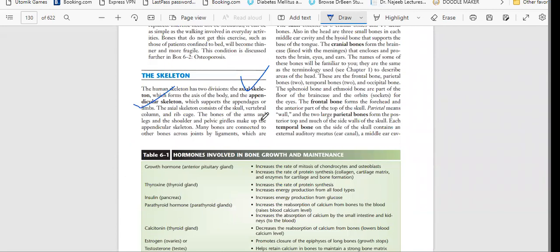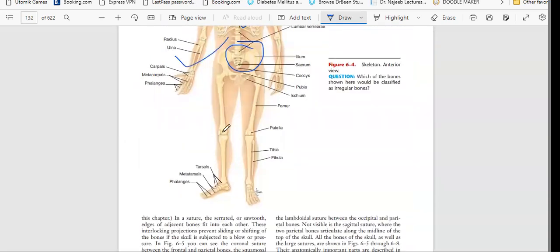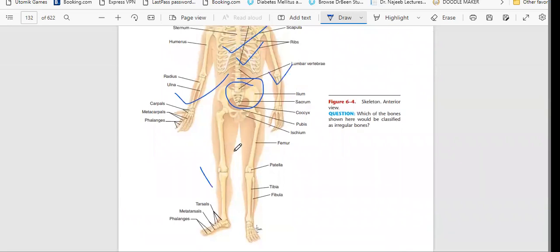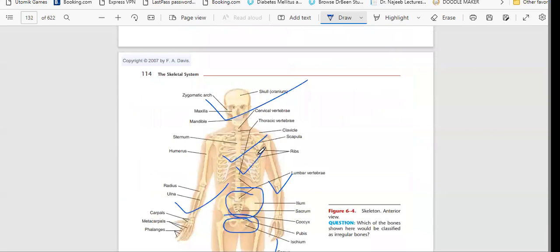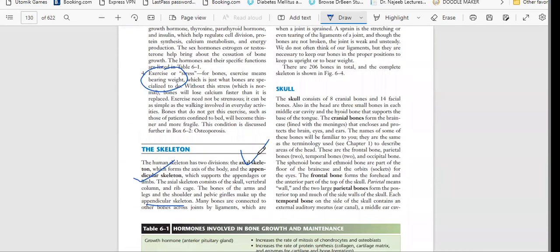The bones of the arms, legs, shoulders, and pelvic girdle make up the appendicular skeleton. In the appendicular skeleton, we get both upper limbs, both lower limbs, and the pelvic girdle.